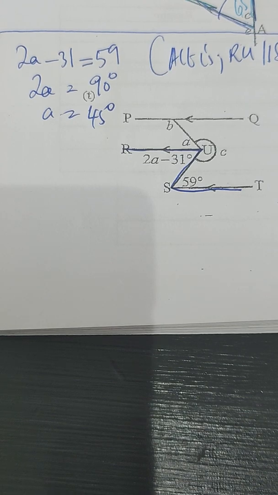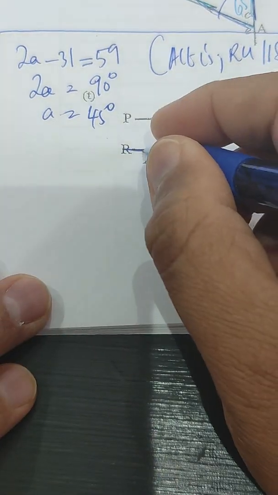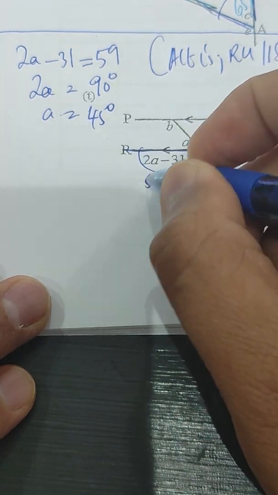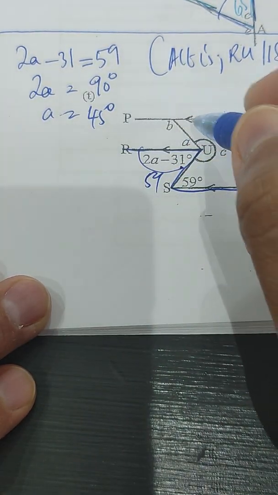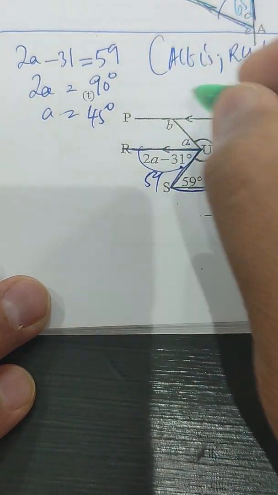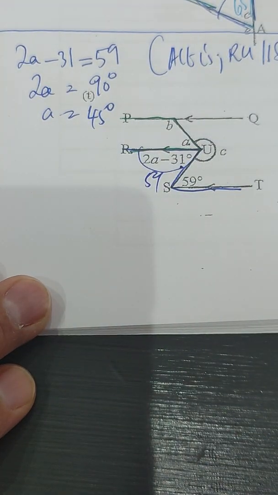Let's check. So yes, it's 45 degrees. So this angle here is going to be 2 times 45, which is 90 minus 31. This angle is 59. Okay, but we now know what A is. A is now 45. So I can go co-interior angles. Can you see that?